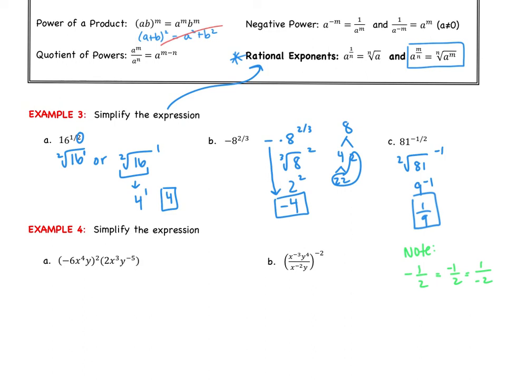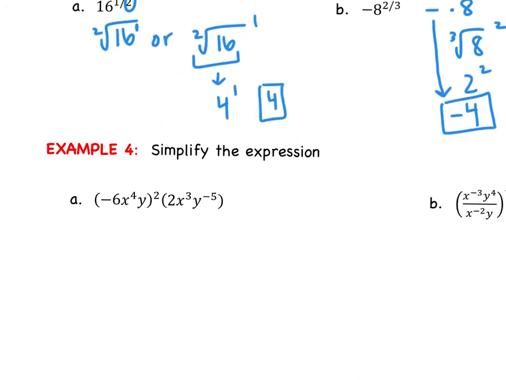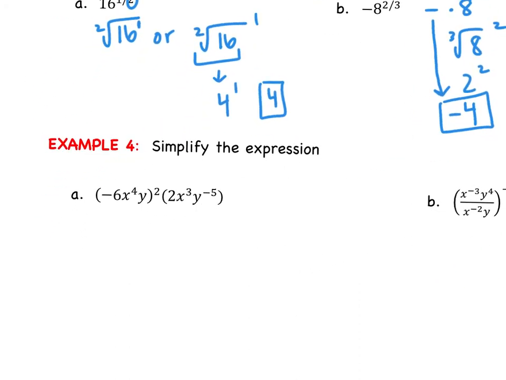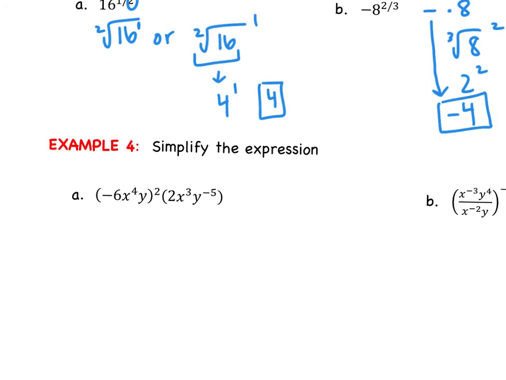Last 2 examples. Example 4, where we are using the exponent properties. Okay. So here's what we're going to do. First thing that we are going to do is we're going to deal with that 2. So that's an exponent, order of operations. Exponent comes first, so I'm going to deal with the 2. Because there's no addition or subtraction, I can distribute the 2.